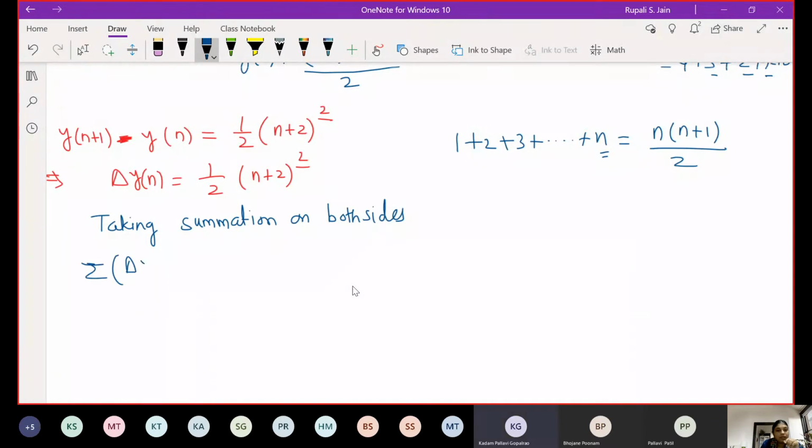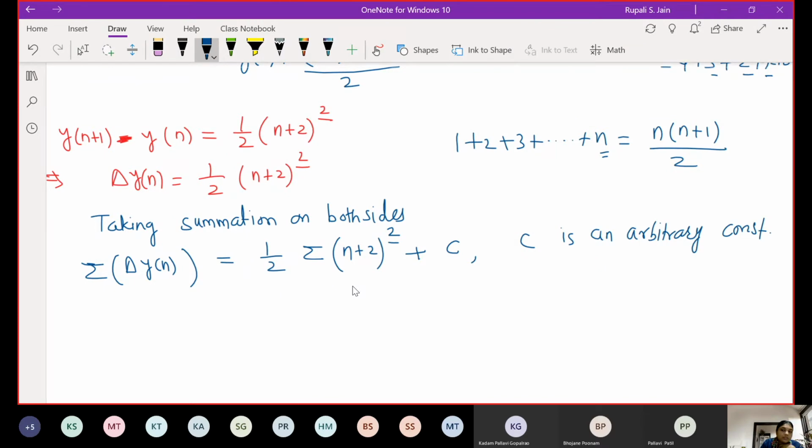Summation of delta yn is equal to 1 by 2, which is constant outside, summation of n plus 2 to the 2 falling, plus c. Since the domain is integers, I will consider c as an arbitrary constant. Is that okay?